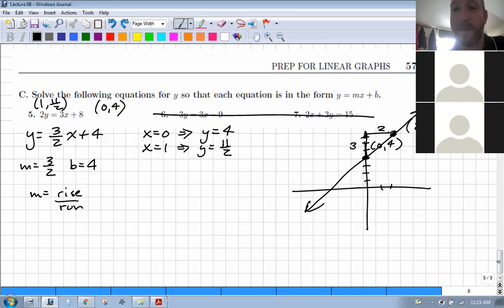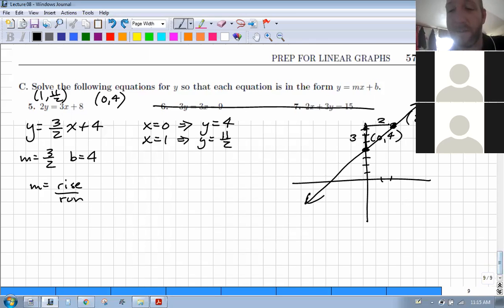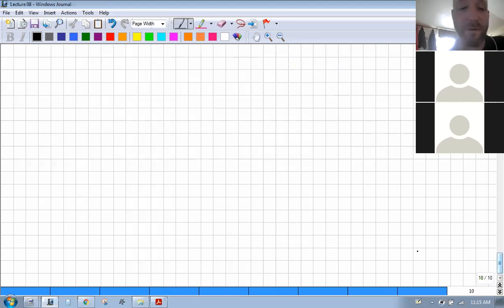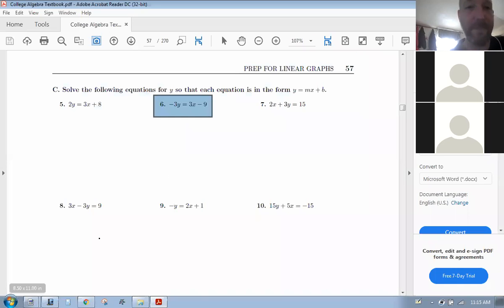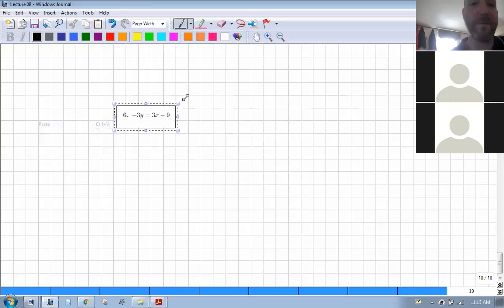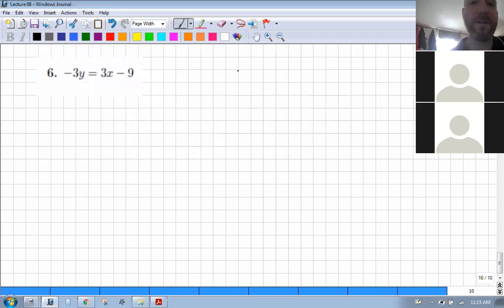So keep that in mind, we're going to go over this in detail. I just want to do it real quick so you get the idea of why we're taking these and putting them into mx plus b form. So we want this to look like this. To do that, we'll divide everything by a -3.